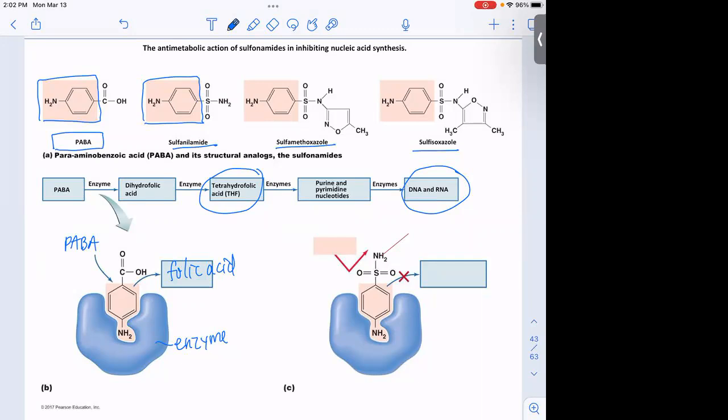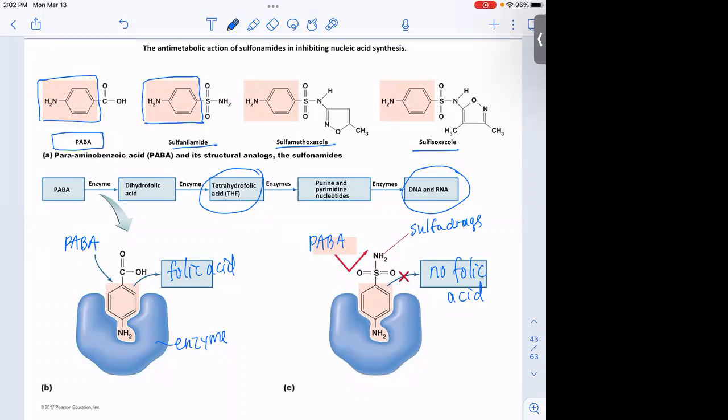So what happens if one of the sulfa drugs is going to bind to that enzyme instead? Well, then para-aminobenzoic acid cannot bind to that active site. Say this is one of the sulfa drugs that's binding there instead. And then we get no folic acid as a result. So, I remember what I was trying to say.